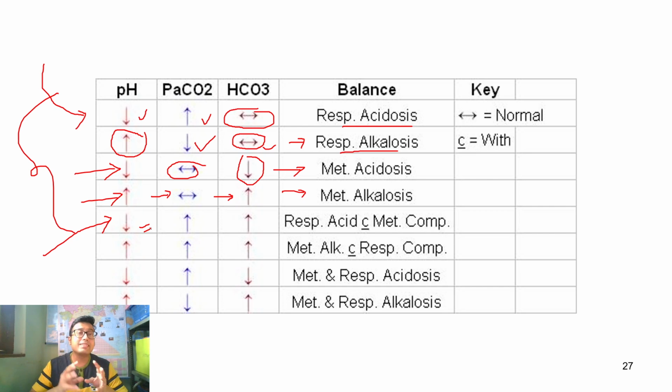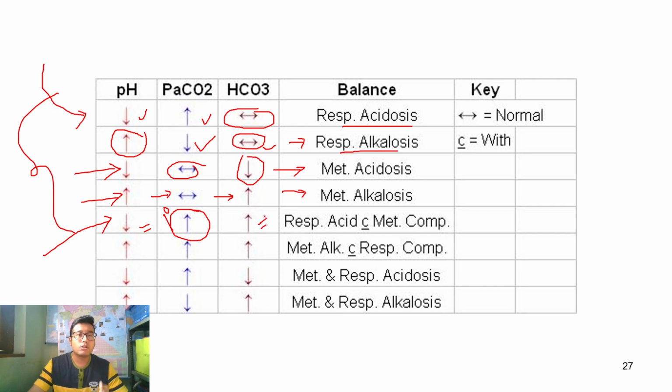If this is caused by bicarbonate, then bicarbonate will also go in the same direction, and if it is caused by PCO2, PCO2 will go in the opposite direction. Remember? So over here we can see the PCO2 is going in the opposite direction, so excess acid and pH is also low. So this is the causative disorder, so it is primary, 1 degree. This is the primary. And what is this?